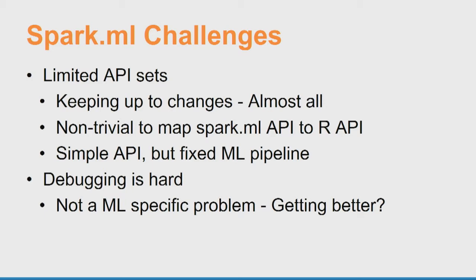Some of the challenges with SparkML and the SparkML API in SparkR is that there's always a limit of how many machine learning models we have and support. And sometimes it's challenging to keep up with new models being added to Spark, but we're actually really close now.